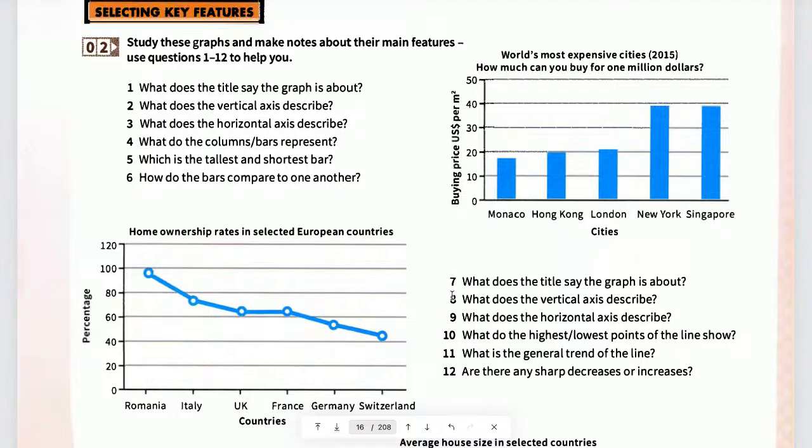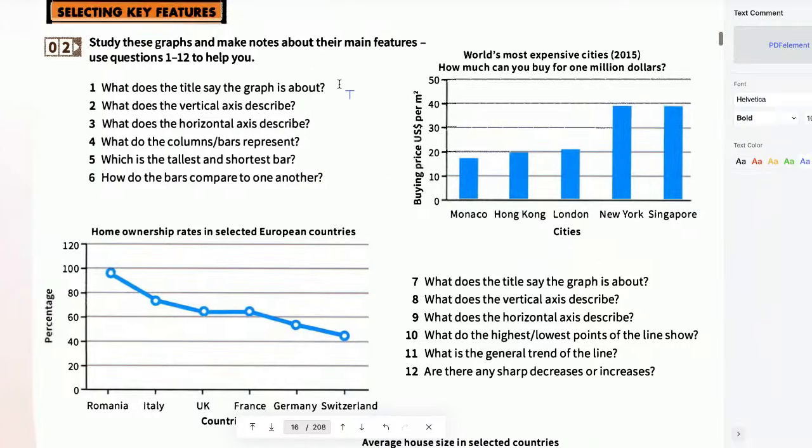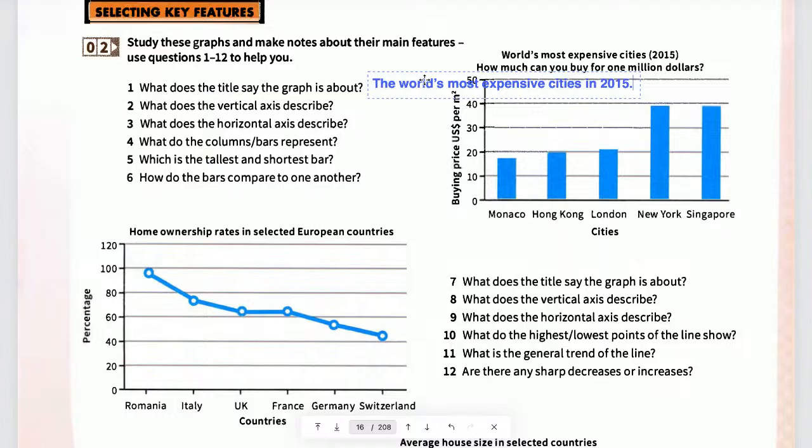You can write the world's most expensive cities. Actually, to be specific, it should be in 2015 only. So that's the answer for number 1.